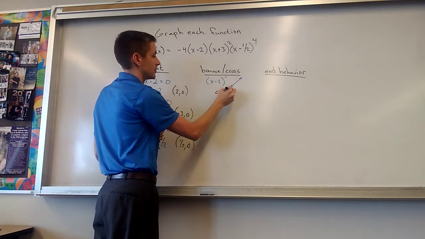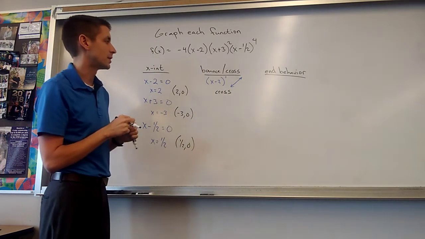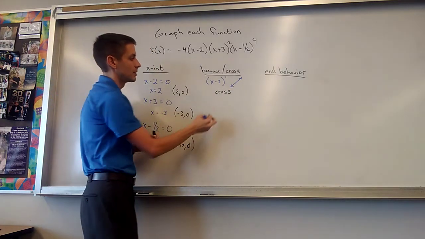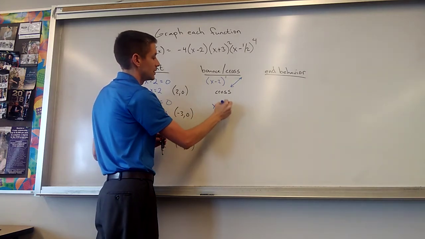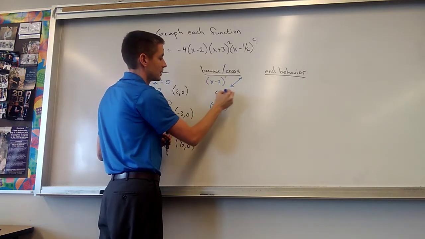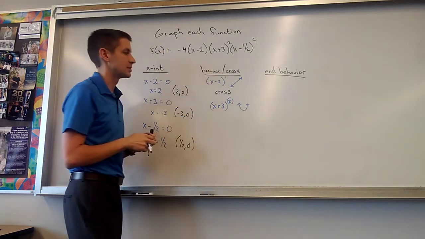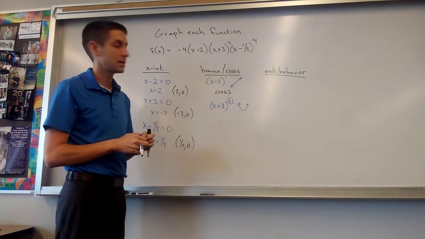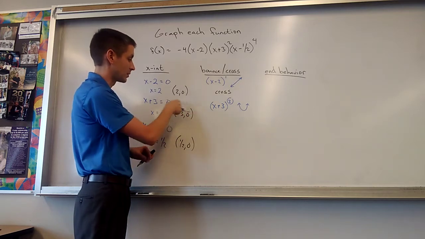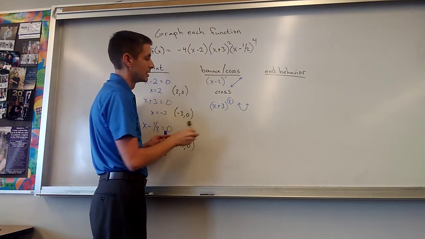The second one is x plus 3 squared, and looking at that exponent of 2 tells me that this is going to be a parabola or a quadratic, at least happening around that intercept. It'll look like that. So quadratic, as it approaches the intercept, is going to come and bounce off.